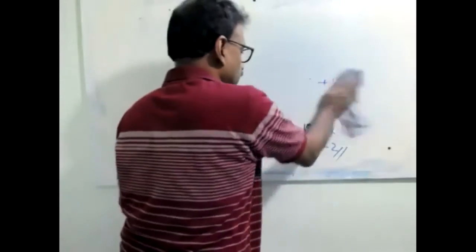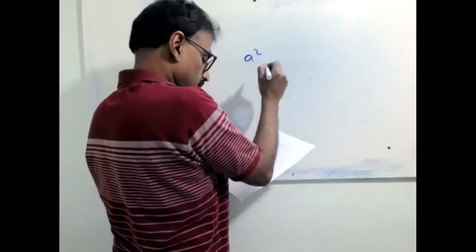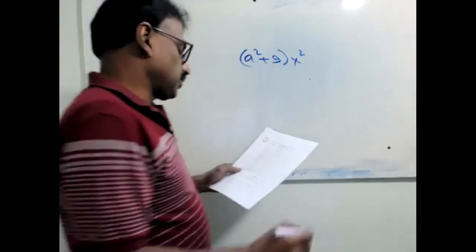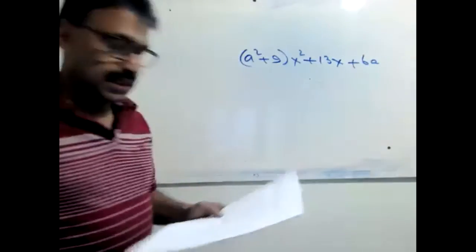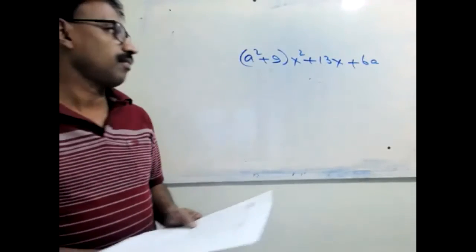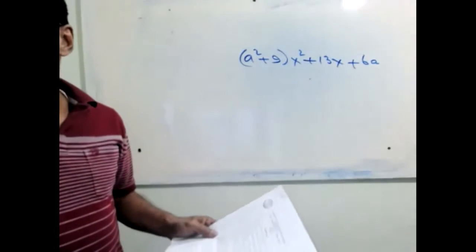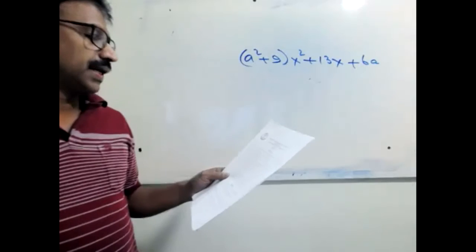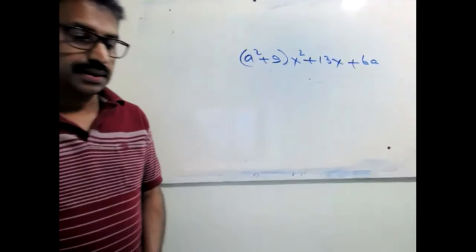If one zero of the polynomial a square plus 9 into x square plus 13x plus 6a is the reciprocal of the other, find the value of a.